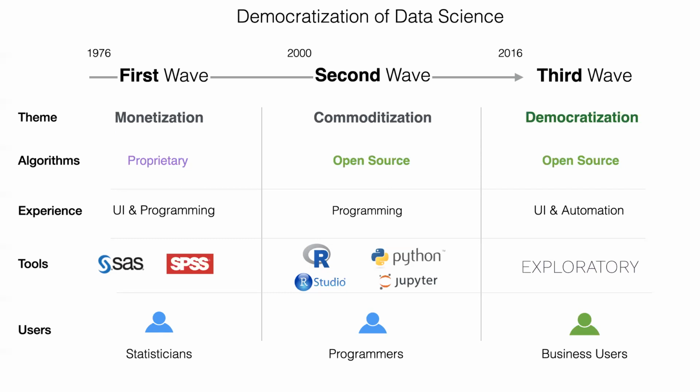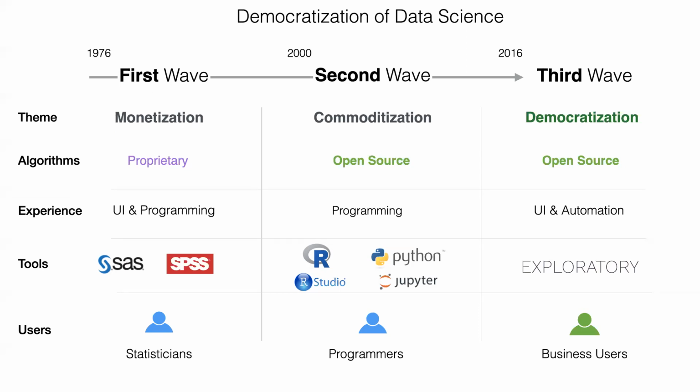Then in the 2000s came big data, because the internet and mobile brought more data. Old software couldn't deal with those new problems, so the open source communities stepped in and provided new, much cheaper solutions. We call it the commoditization phase.